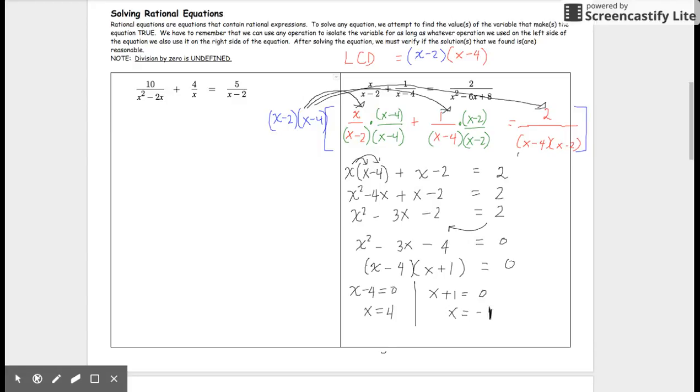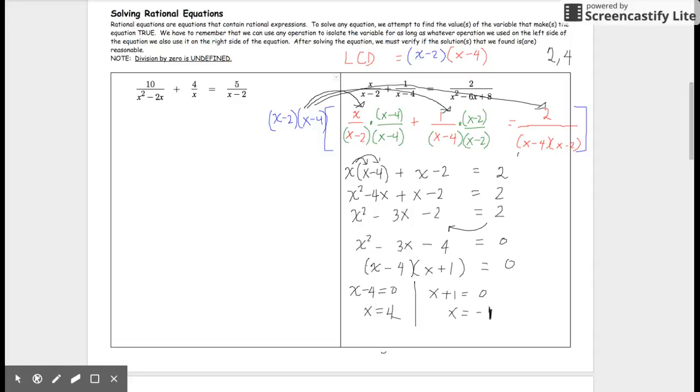Now, let's check if these answers make sense. So let's go back to the denominators, and let's see if there's any restrictions. So since the denominators are x minus 2 and x minus 4, the zeros are 2 and 4. So that means we do not want the value of x to be 2 or 4.